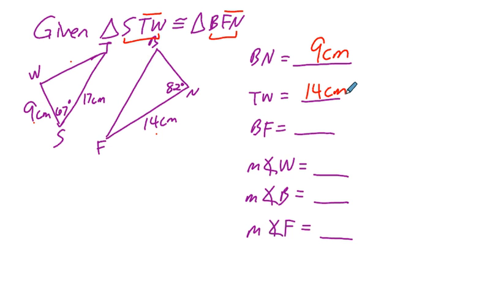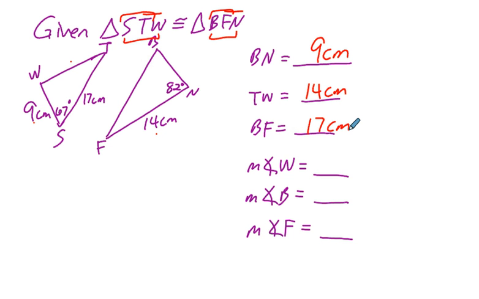See the process? And then finally, let's look at BF. This is my first two. That has to match ST. I know that ST is 17, so that means that BF must also have to be 17 centimeters. Okay? Now let's look at our angle measures.